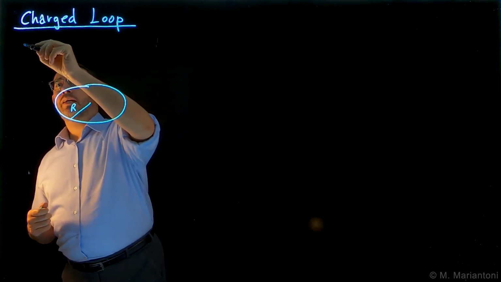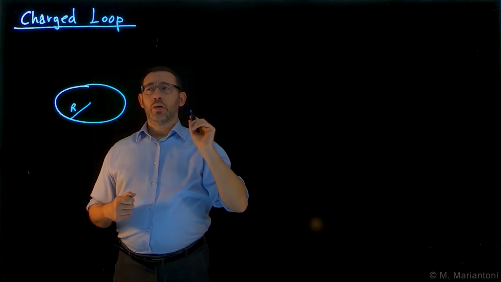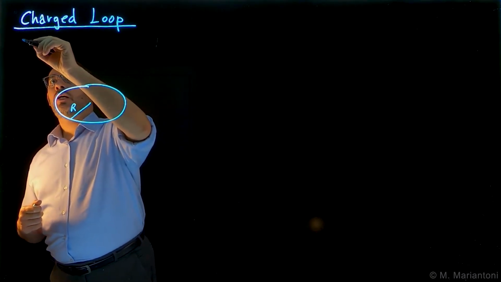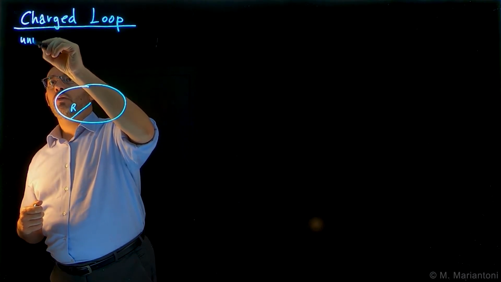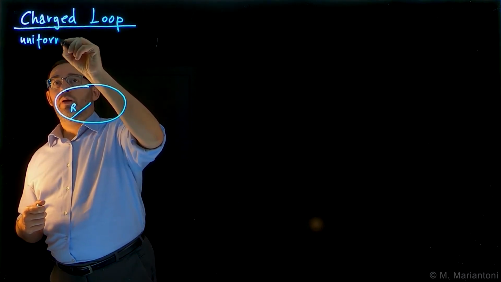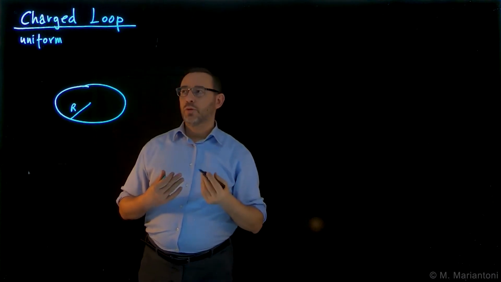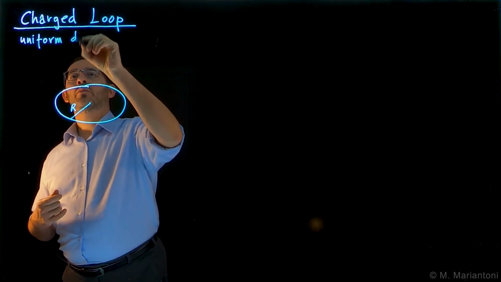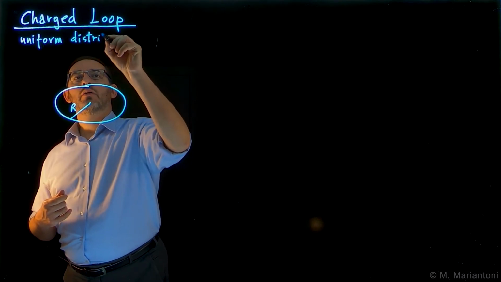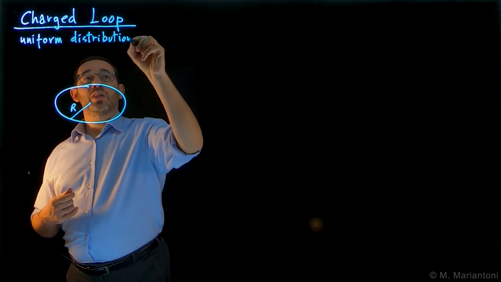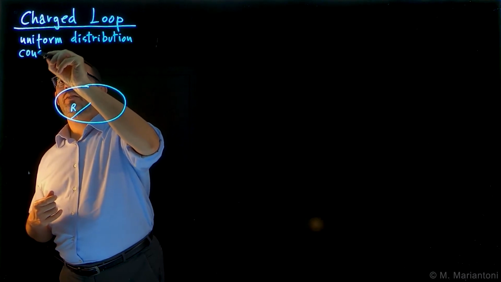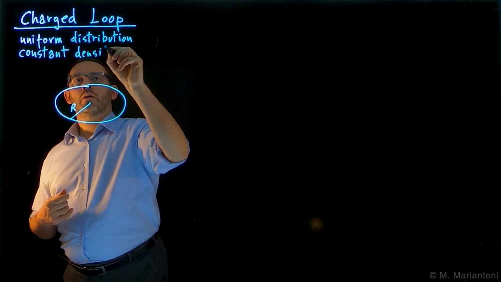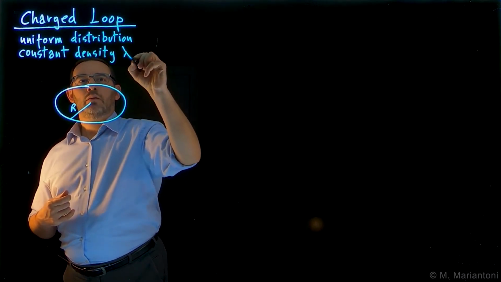This circle is characterized by a linear charge distribution. This linear charge distribution is uniform, which means we have a constant charge density, lambda.